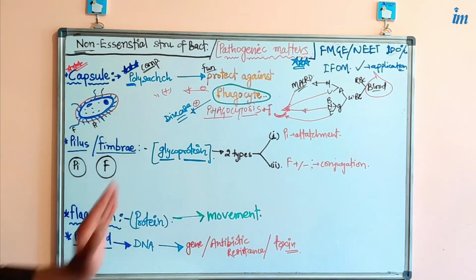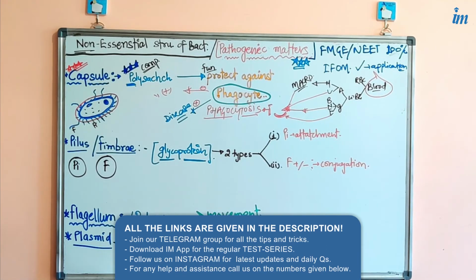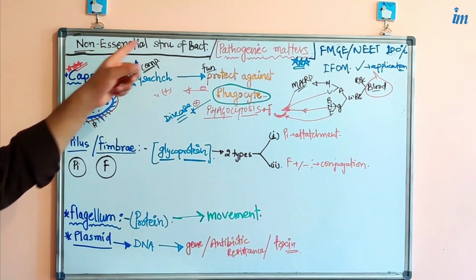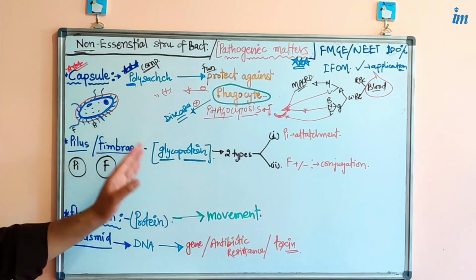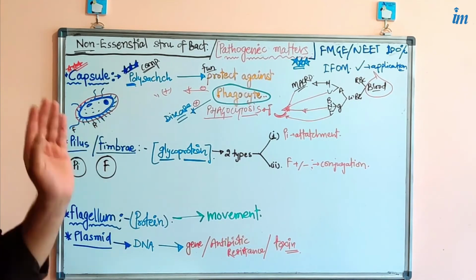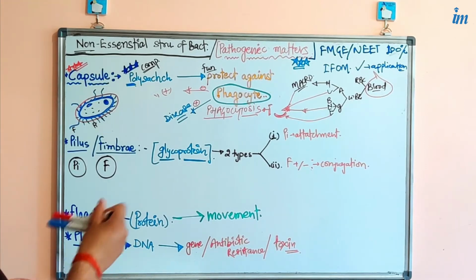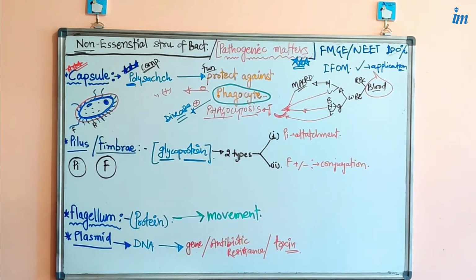They are the glycoproteinaceous component found on the bacterial outer surface, and they are a non-essential structure for the bacteria itself, because they are not necessary for the bacteria. But they are very important and very dangerous, because they cause disease and help them escape before diagnosis.